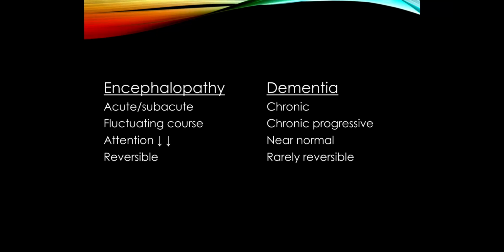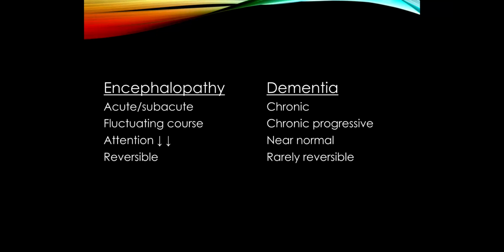But the next one here is, I would think, probably the most helpful. If you see someone, even with a more advanced dementia, their attention is pretty good. In other words, they're alert, they're looking at you, they're answering questions. They might be wrong, they might be telling stories that don't relate to what you just asked them, but their attention is pretty good.